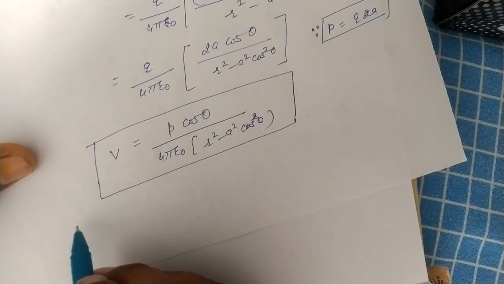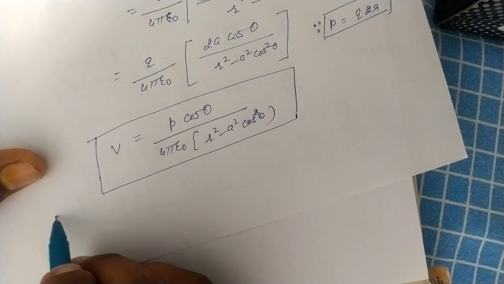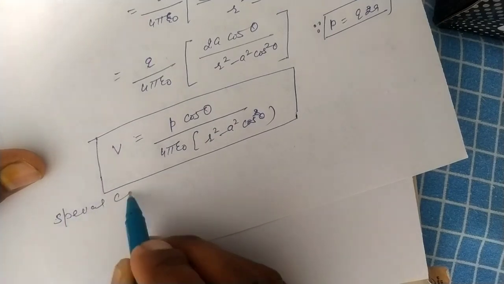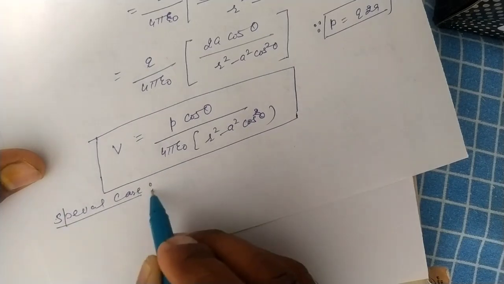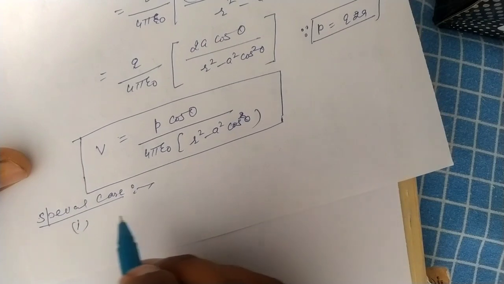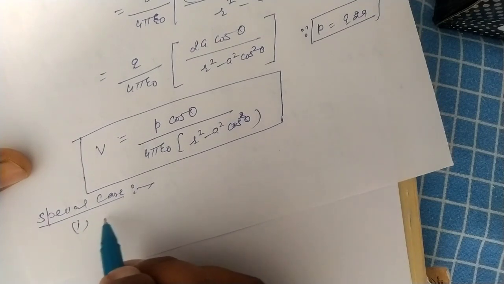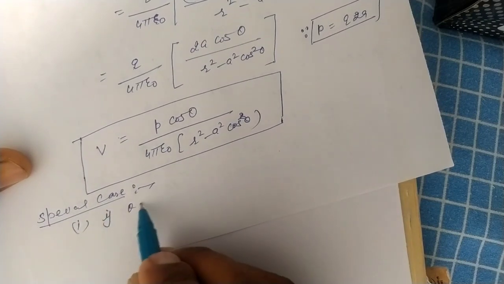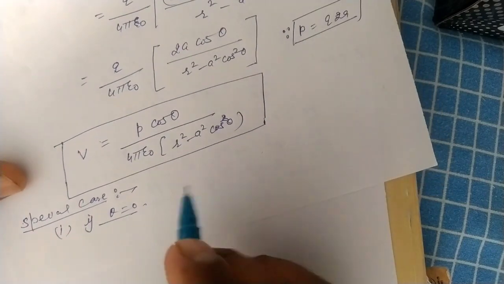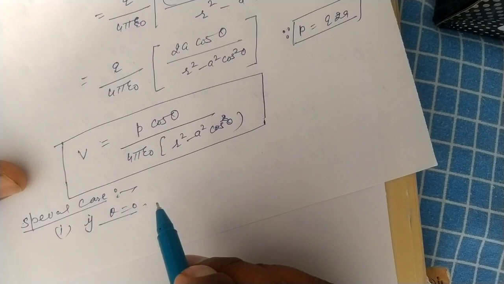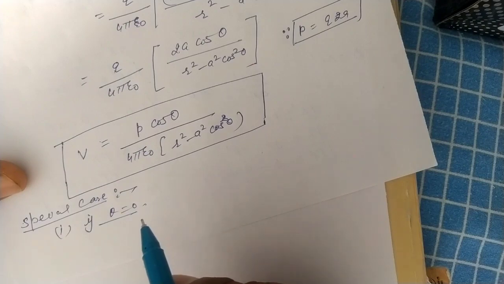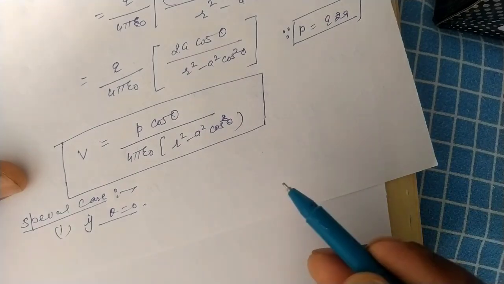Now some special cases. First, if theta is equal to 0, or we can say the electric potential at point P lies on the axial line.